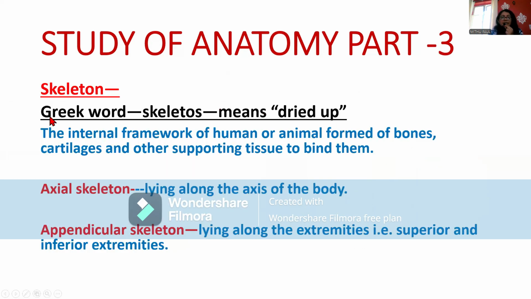Now, skeleton is again a Greek word coming from the word skeletos, meaning dried up. That means the bones that we handle for our studying. Everyone, you have to buy your bone sets for the first professional anatomy study, because until you have your own bone set in your hand, it is difficult for you to match the facts that the teacher will explain to you in classes.